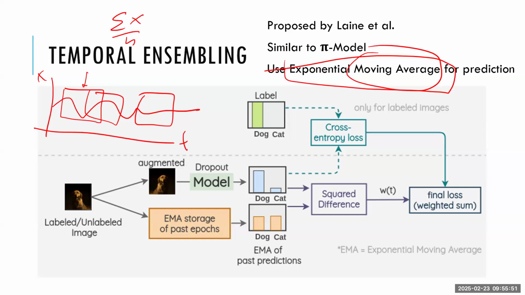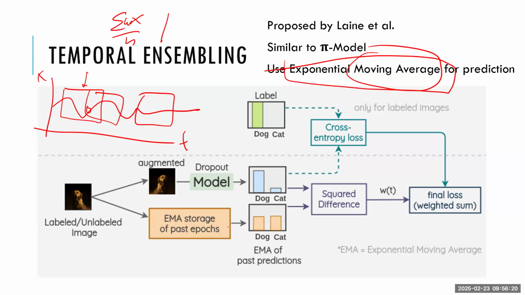But for the exponential moving average, each x has some weight, and this weight follows exponential decay. So the data that are old have small weight, and the data that are new have higher weight.